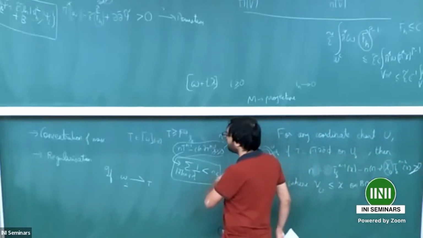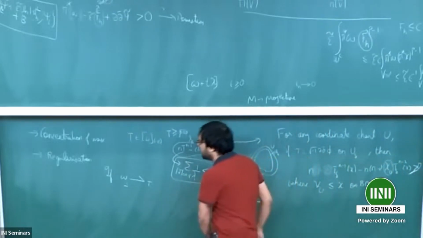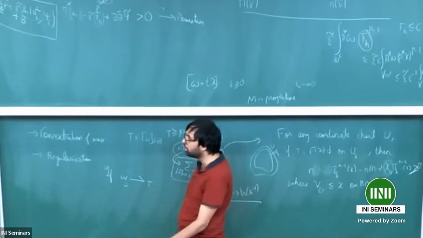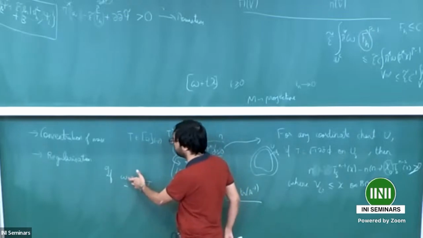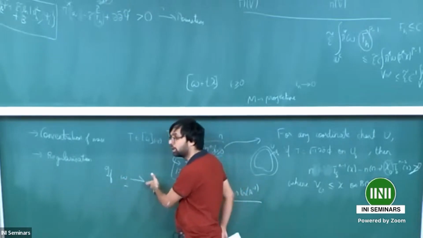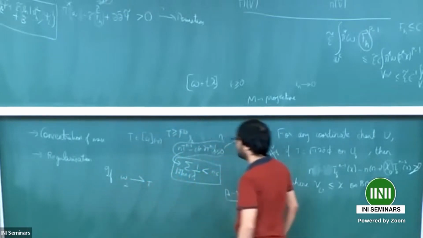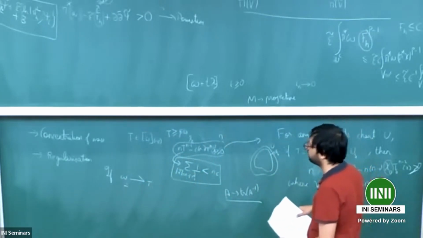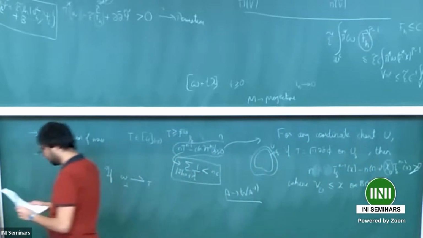The convolution is basically testing a current against a smooth function. And a weak limit means you test this against any smooth thing, and it converges to this tested against the same smooth thing. So this property is preserved under weak limits as well.